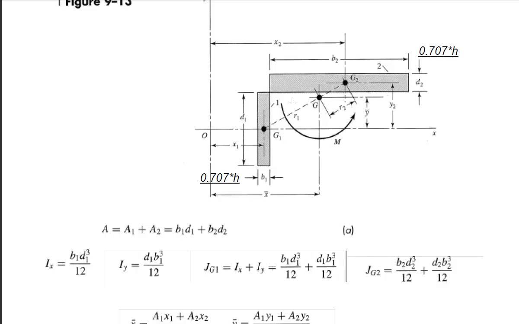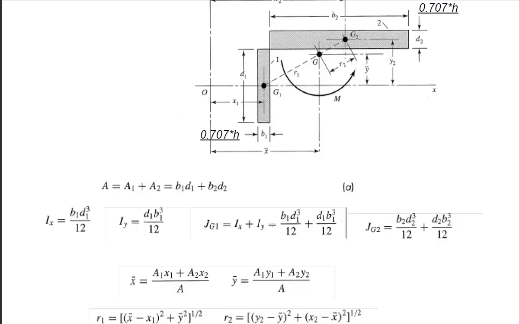And so we can calculate a J value for this one about its own centroid just by adding them together. We do the same thing for this other weld: calculate its moment of inertia, sort of like a BH cubed over 12 and an HB cubed over 12. Calculate both of them, add them together. That gives us a J value about their own centroid.